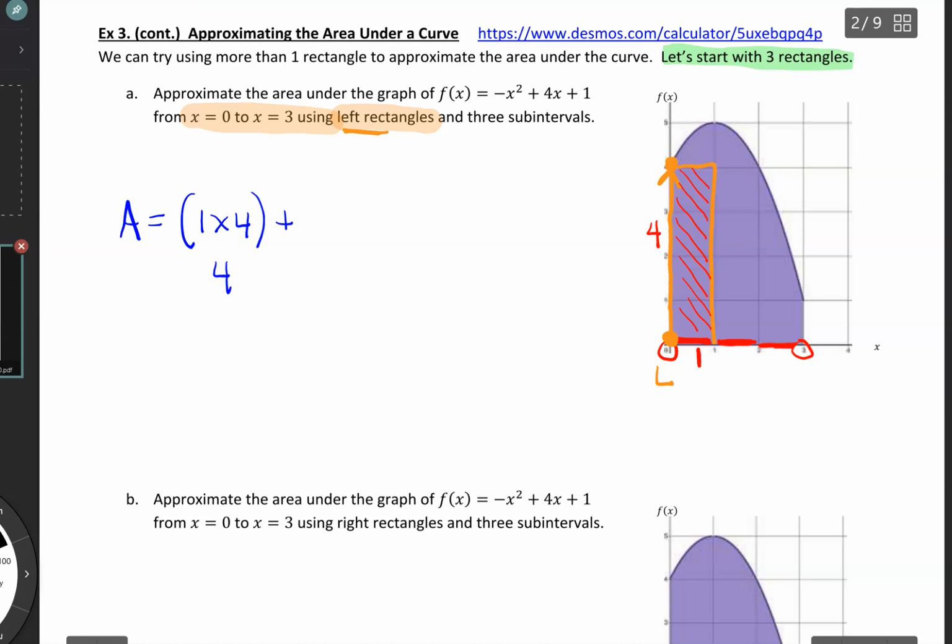I keep drawing rectangles where I start at the left corner and I go up until I hit my curve. And I close it off. And then, so this would be a 1 by 5 rectangle. So I'm going to add that on.